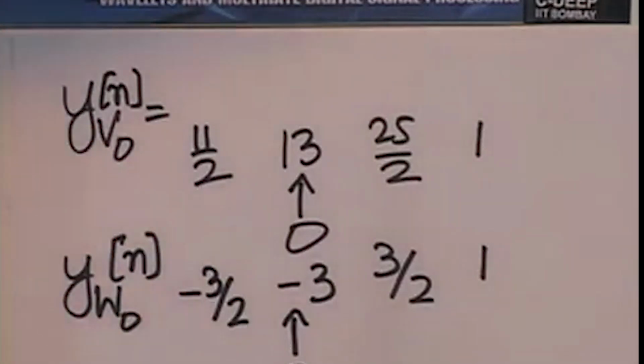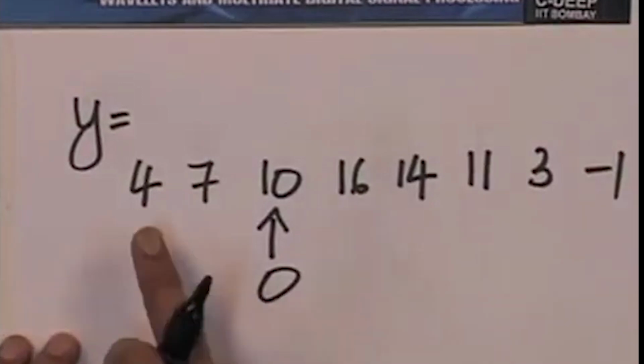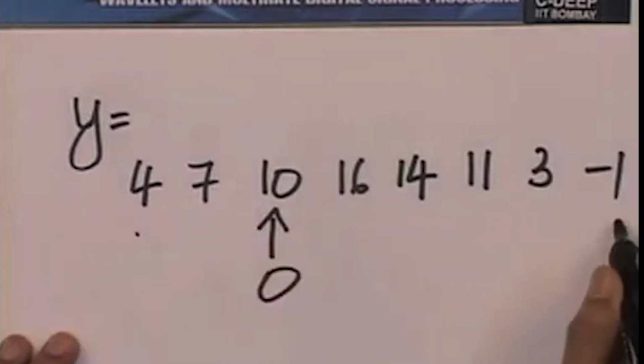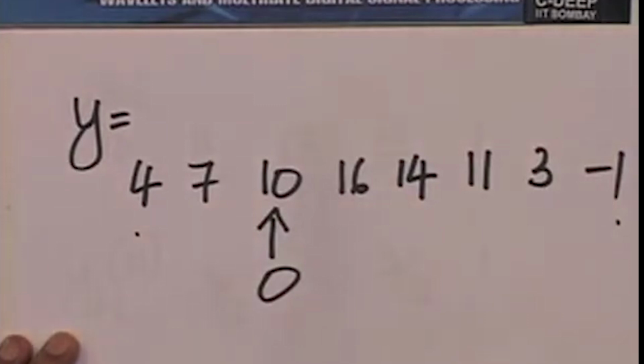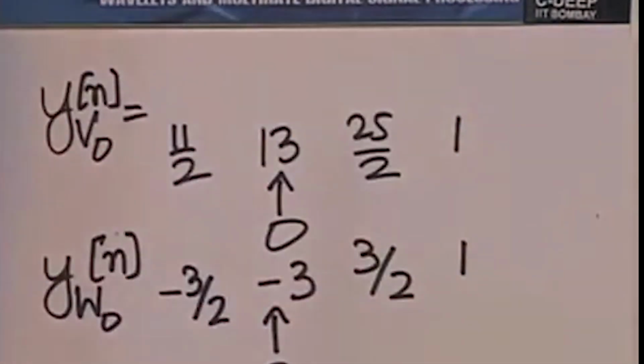Now, you see what I mean. You see, if you look at this sequence, it has in the interval from minus 1 to 3, 2 plus 2 plus 2 plus 2, 8 values. And if you look at these two, they have only 4.